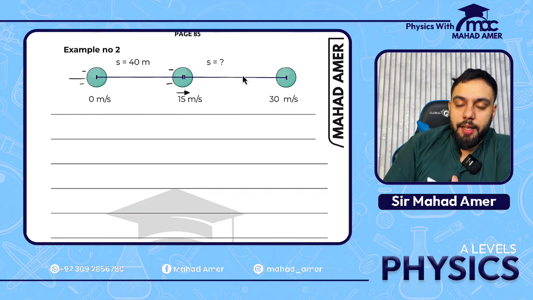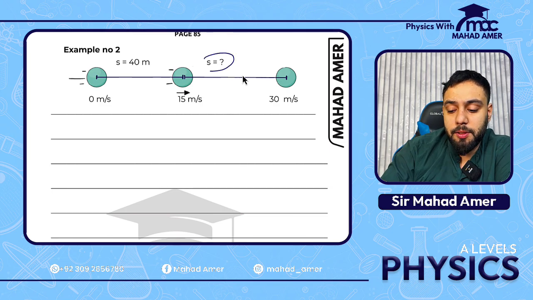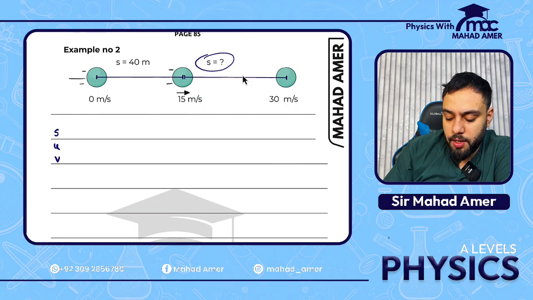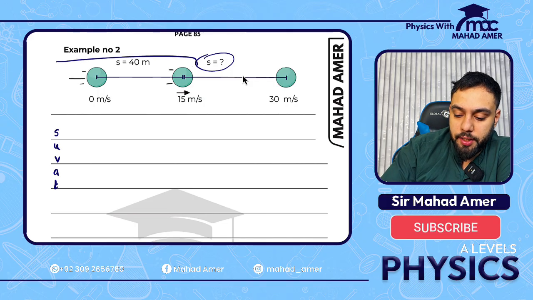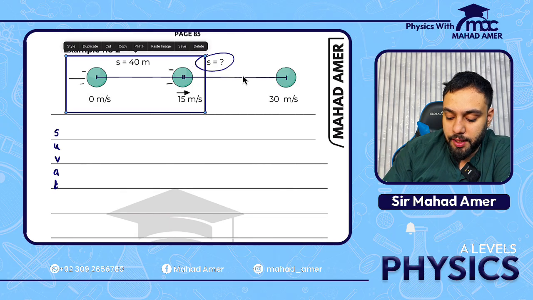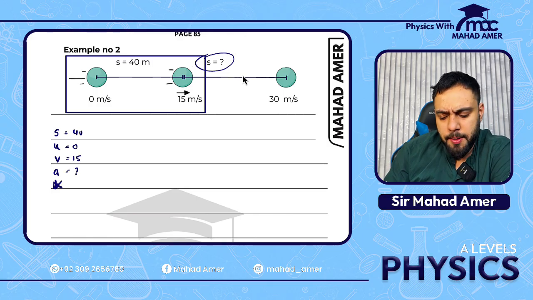Okay. So I've got a journey in which, again, I've got a very similar situation. I've got all the velocities. I need this displacement. Again, SUVAT. First, I'll be using the first part of the journey. In the first part of the journey, I have got a displacement, that's 40. I've got initial velocity 0, final velocity 15, acceleration is unknown, time is not needed.